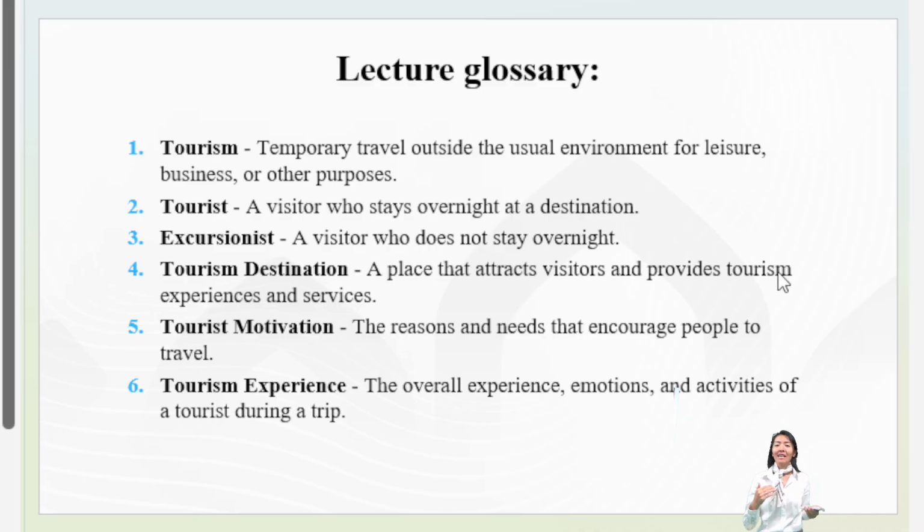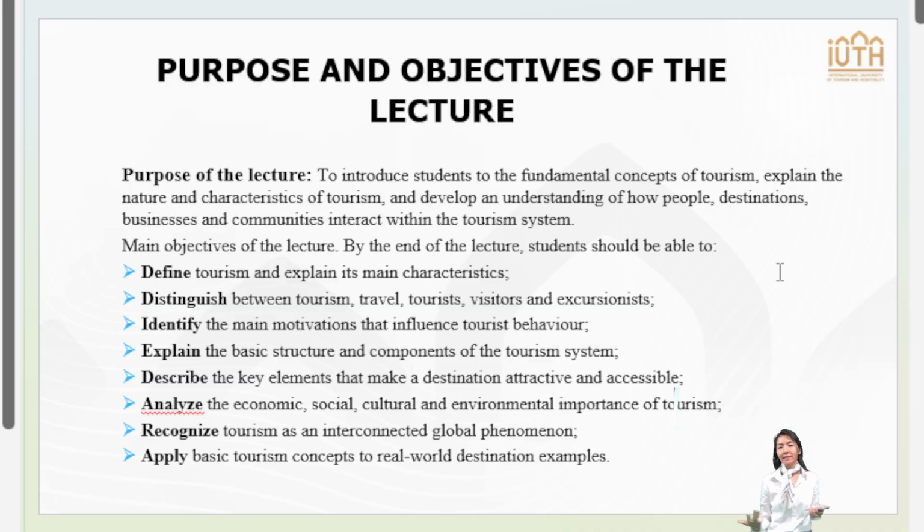Firstly, today's lecture glossary: you should write it down in your lecture notes, and it's very important to learn it by heart. The purpose and objectives of today's lecture are to understand the fundamental meanings and themes in the basics of tourism.